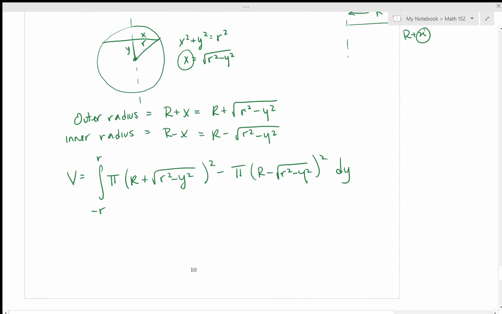Let's proceed to do this. I'm going to skip some algebra steps of expanding and simplifying, and please go ahead and do those. So there's some algebra steps missing here, and then I'm going to get this down to something that looks like this.